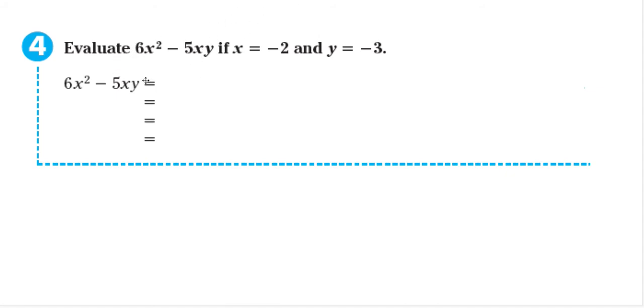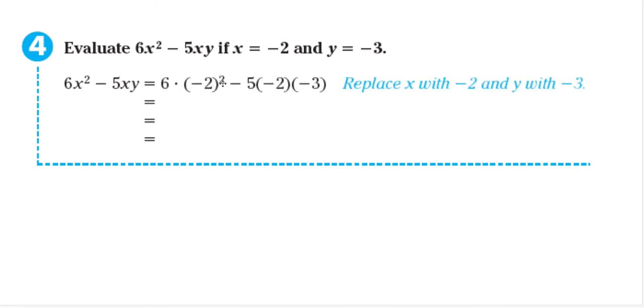So we need to substitute the values of x and y into this expression. We substitute negative 2 for x and negative 3 for y. So we now have 6 times negative 2 squared minus 5 times negative 2 times negative 3. We simply replaced x with negative 2 and y with negative 3.